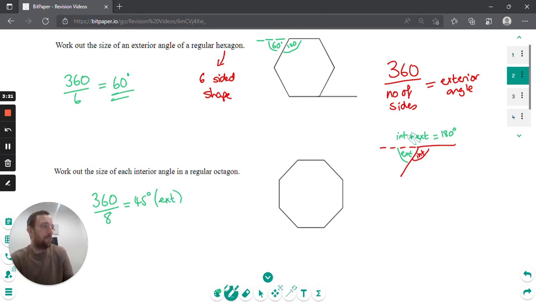To find the interior, because the interior plus the exterior add up to 180, 180 take 45 is 135. So that's your interior angle. If we wanted to know where that was on the shape, it's just one of these inside angles, 135, 135, etc.